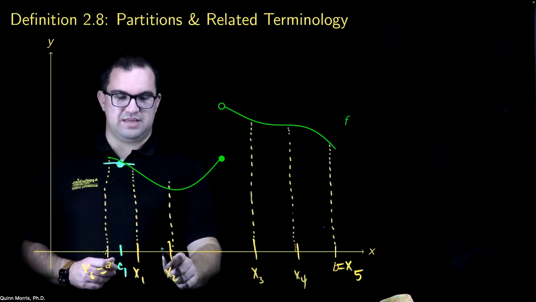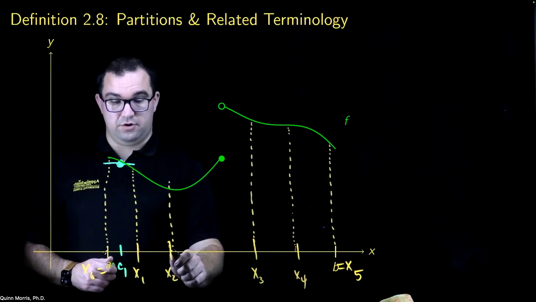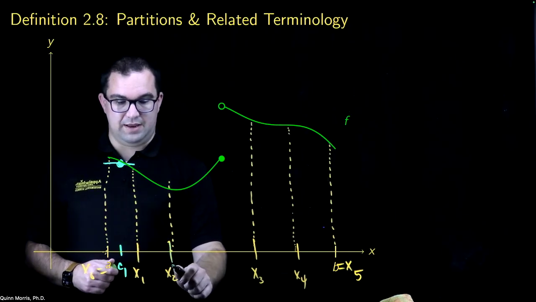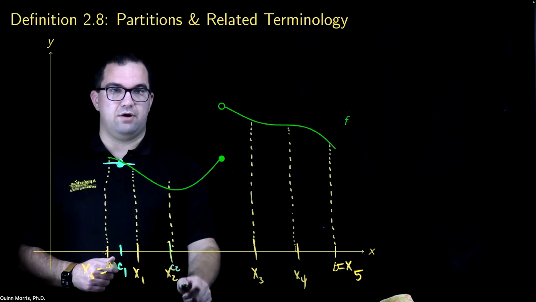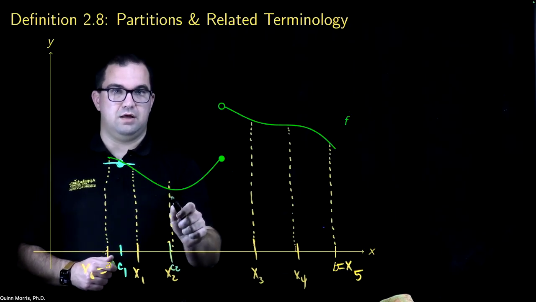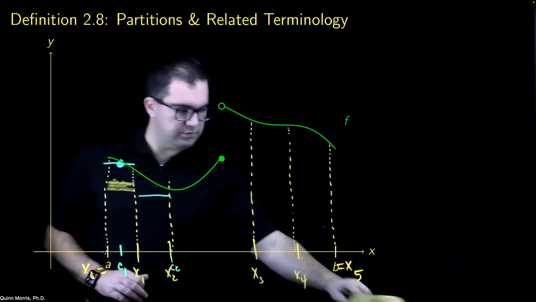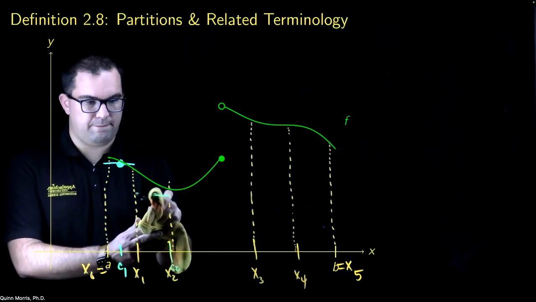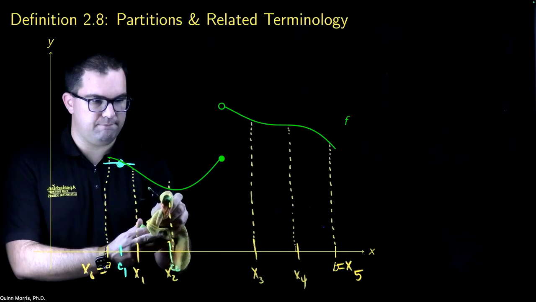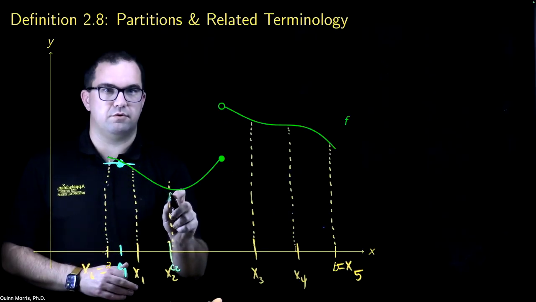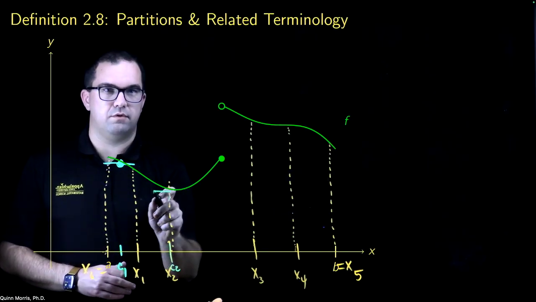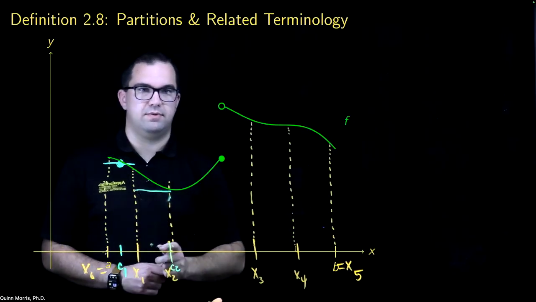Wherever this tag C2 sits, if it sits right here at x2, then I'm going to do a right-hand rule, and then the height will be there.